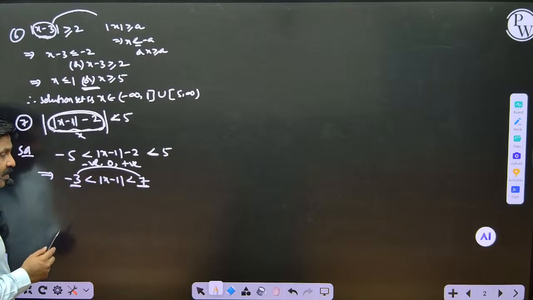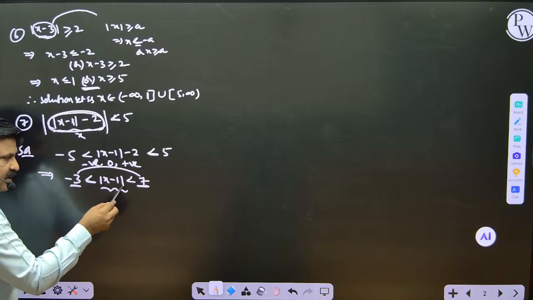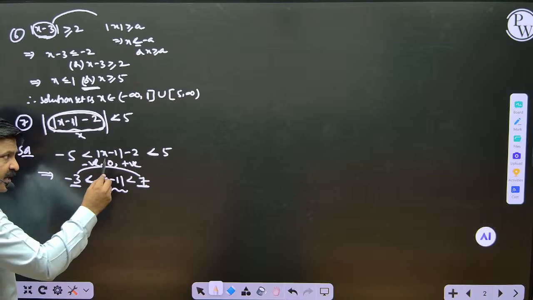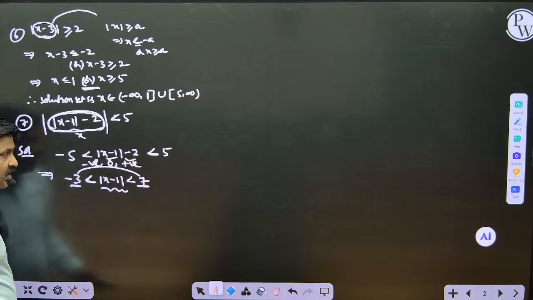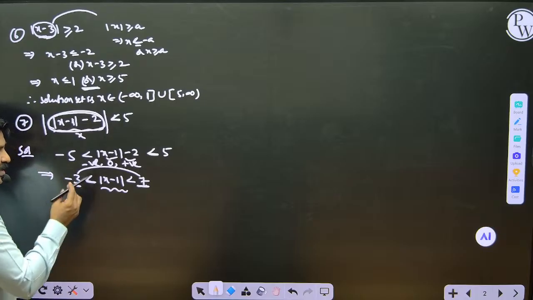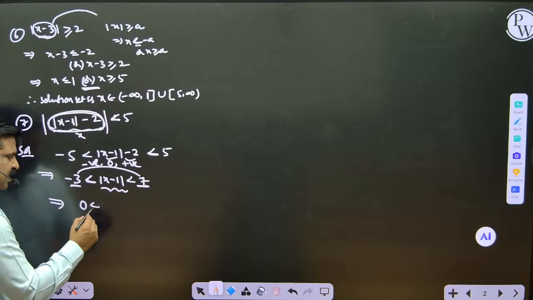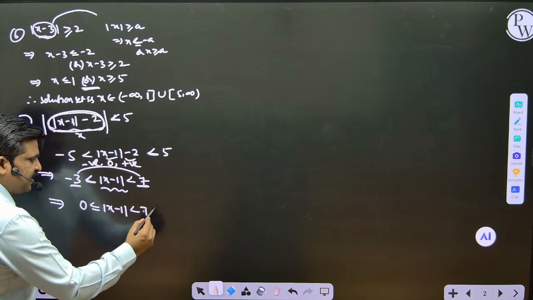We are solving with a modulus function, so we consider only 0 and positive values, and should not consider negative values. So finally it became 0 less than or equal to mod x minus 1 less than 7.